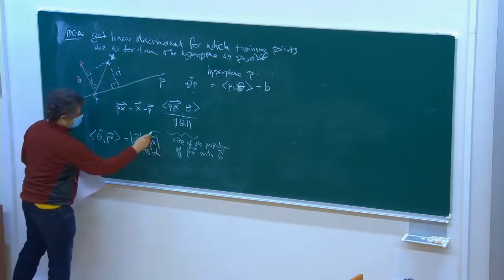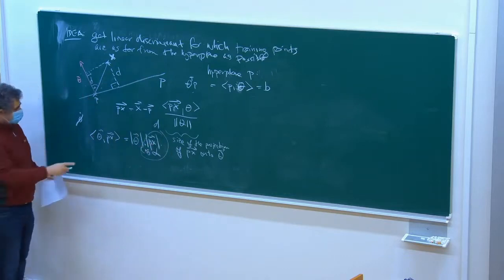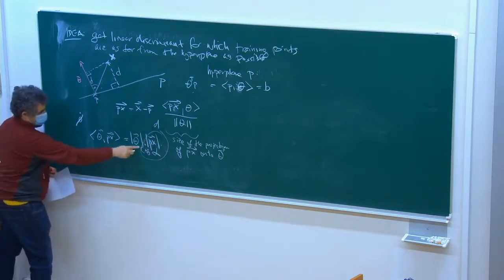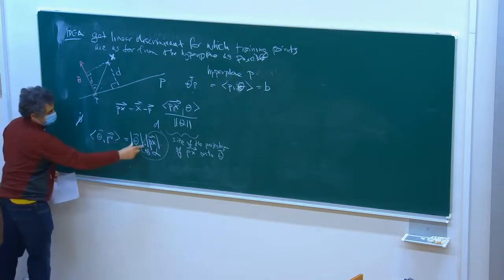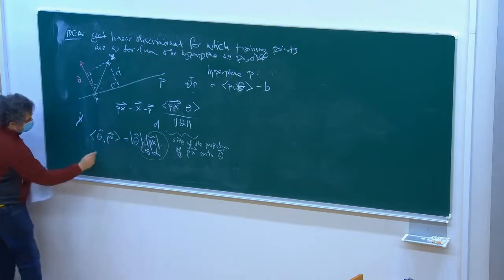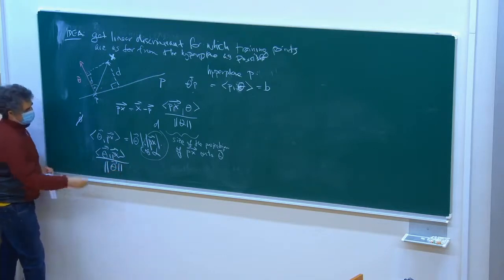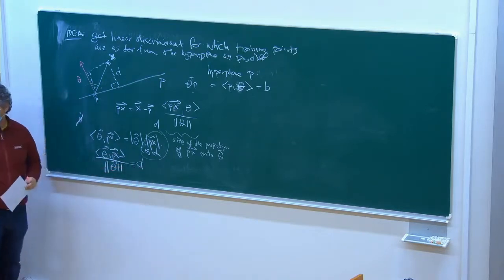So this thing is d. Basically, if you take this and divide it by the size of the vector theta, then this is basically d. Okay, that's another way of looking at it.